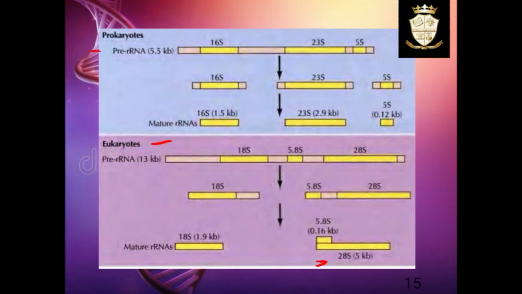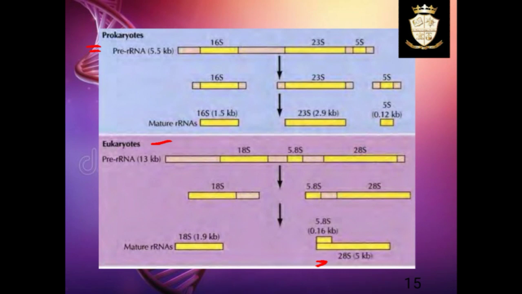In prokaryotes, the pre-rRNA is converted into mature rRNA: 16S, 23S, and 5S are formed by removing the unwanted sequences by cleavage.